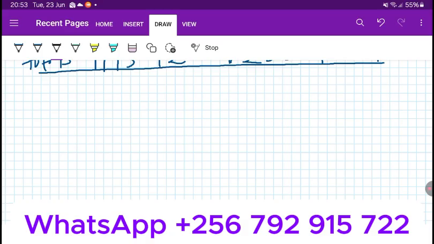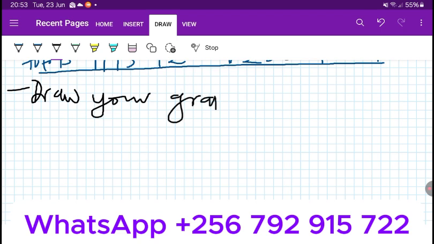The third step is to draw your graph. Draw your graphs.